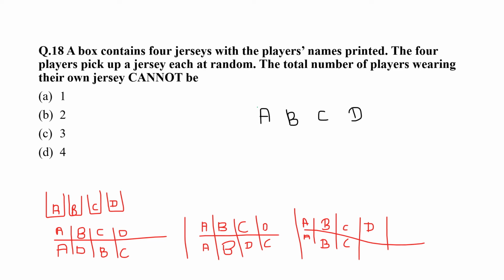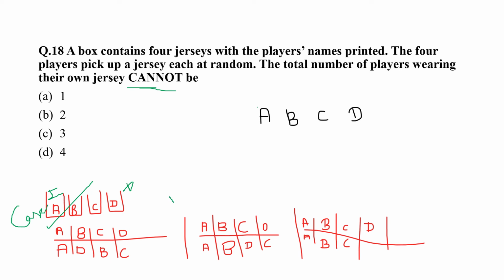We are trying to understand this situation by taking cases. In the first case, if A picks its own jersey and B gets D's jersey, C gets B's jersey, and D gets C's jersey, this case is possible, right? So this is a wrong option, because it is asked in the question which case is not possible.